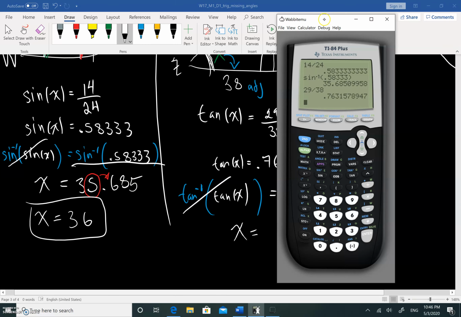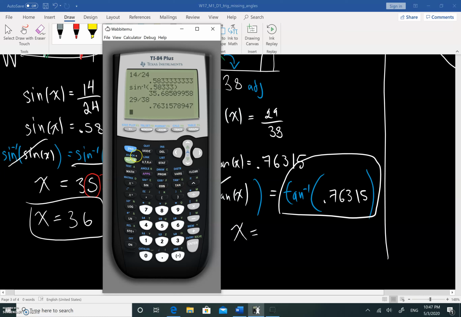So how do I get that tan inverse? You press second, tan inverse, 0.76315, close parentheses. I get 37.349.